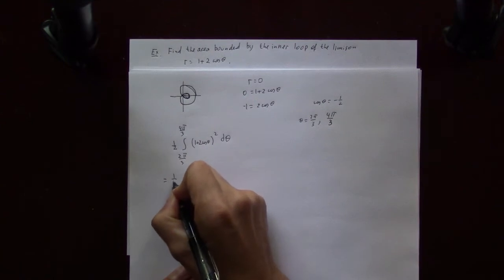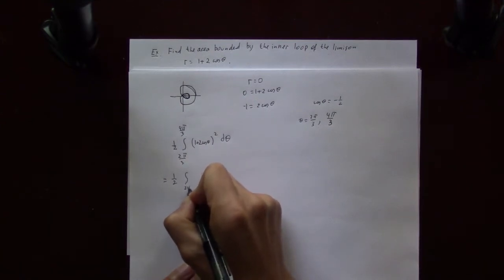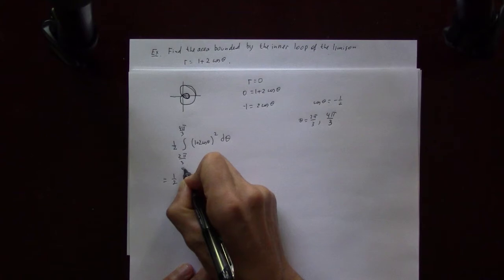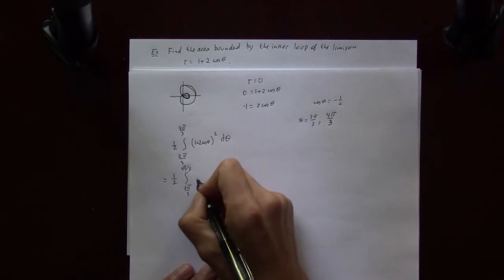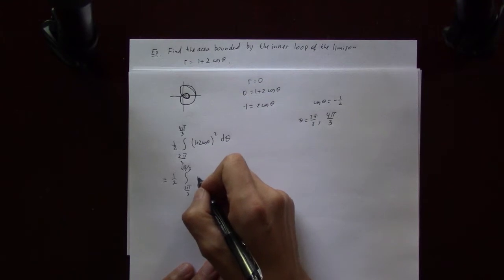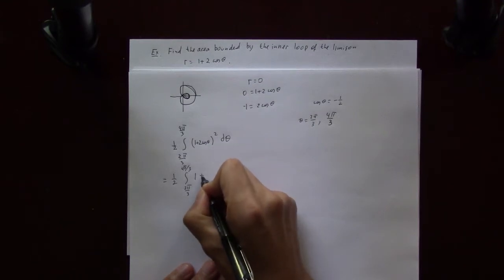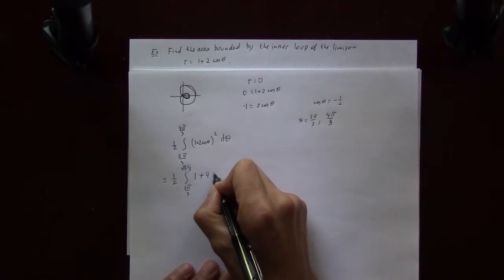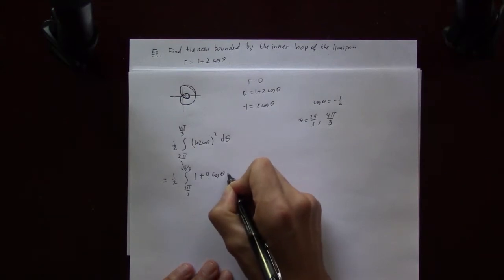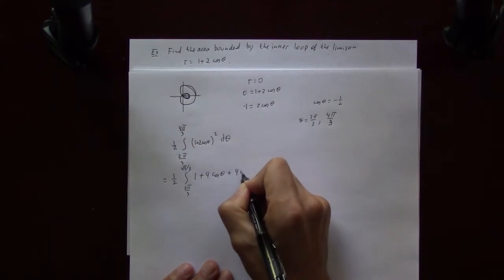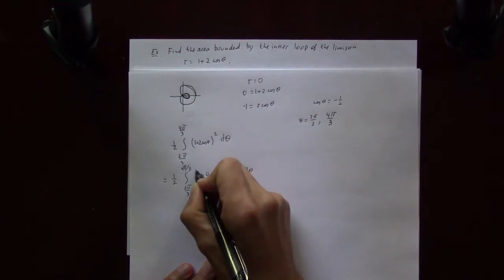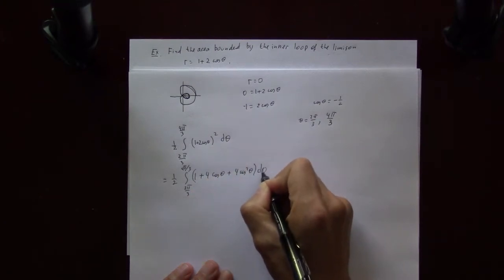So we're going to get 1/2 integral from 2 pi over 3 to 4 pi over 3. Square the sum. We're going to get 1 plus 4 cosine theta plus 4 cosine squared theta d theta.